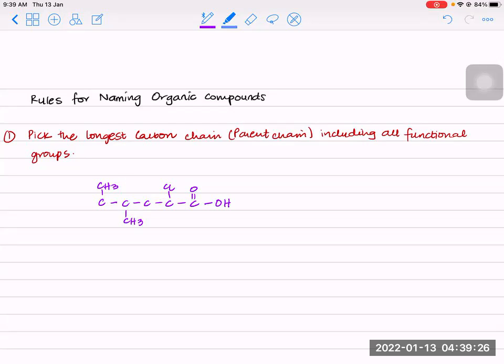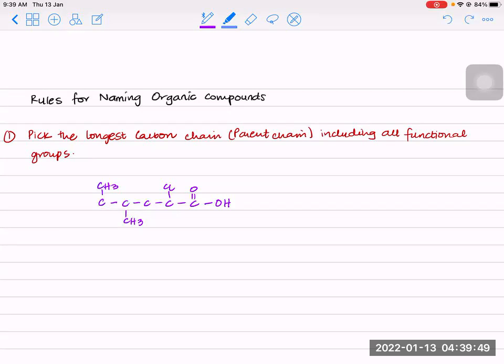Let's see. You'll be like, oh, 1, 2, 3, 4, 5. This is the longest chain. No, this right here, 1, 2, 3, 4, 5, 6. This is the longest chain. Now you'll be like, Miss, can we do this? 1, 2, 3, 4, come back up, 5, 6, 7.